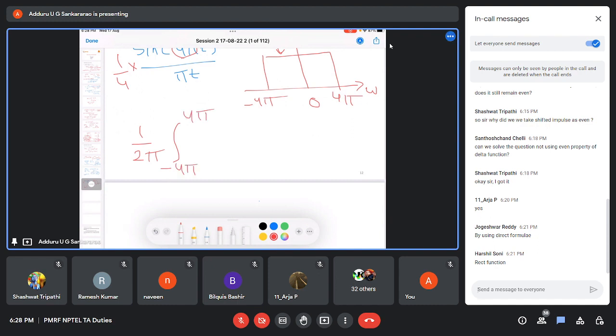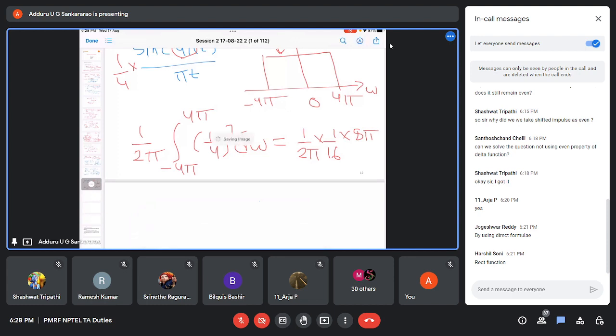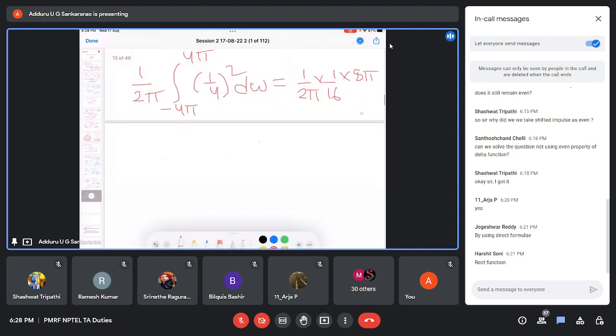So 1 by 2 pi into 1 by 16 into d omega. 4 pi minus minus 4 pi gives 8 pi. So what we get is 1 by 4.